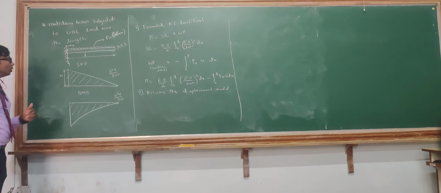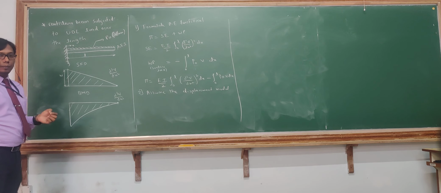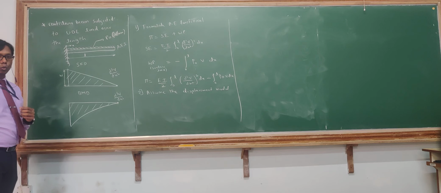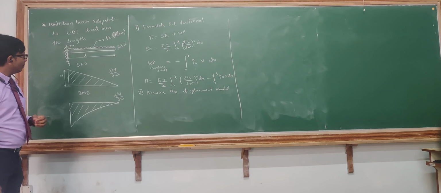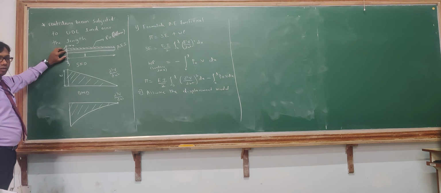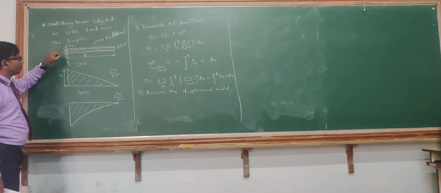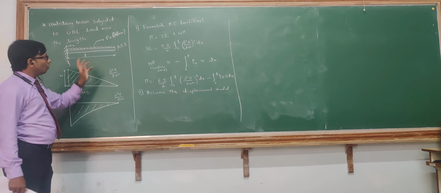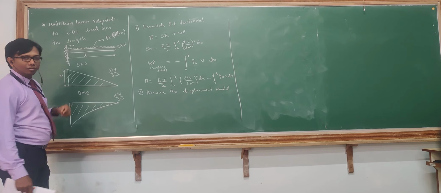I have already told that whenever I'm taking a beam element, each node will have 2 degrees of freedom. One end has been fixed, and the 2 degrees of freedom are there, so the load will be considered as 1. If you go with that logic, I'll be getting 3 constants.